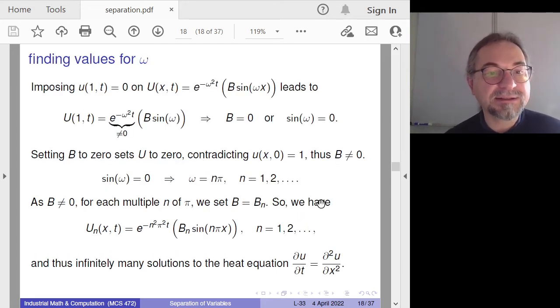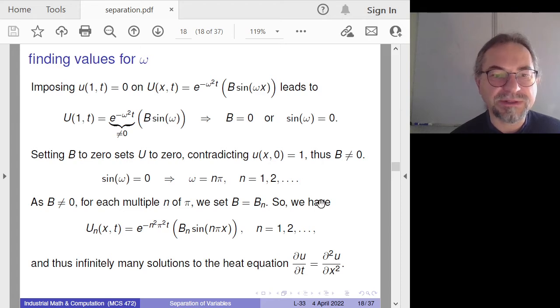Let's now look at the other boundary, the right boundary. And now we see how the infinitely many solutions come in. We evaluate at 1, so we evaluate the sine of omega. Now picking B equal to 0 would leave us with nothing, and nothing is impossible because we have temperature at the very beginning.